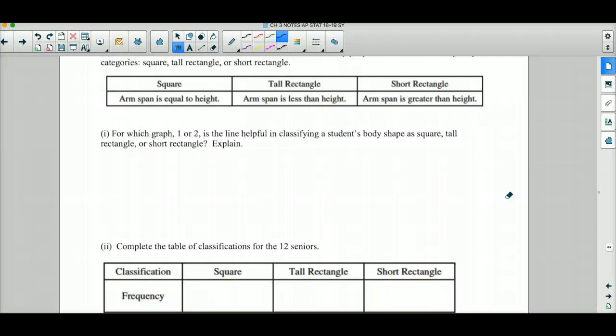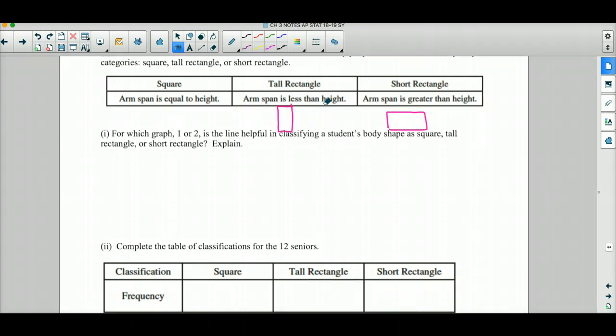If you are a tall rectangle, your arm span is less than your height. So a tall rectangle would be a person who is tall but has short arms. That's the idea, okay? And a short rectangle is somebody who is wider. If they put their arms out, they're wider than they are tall.